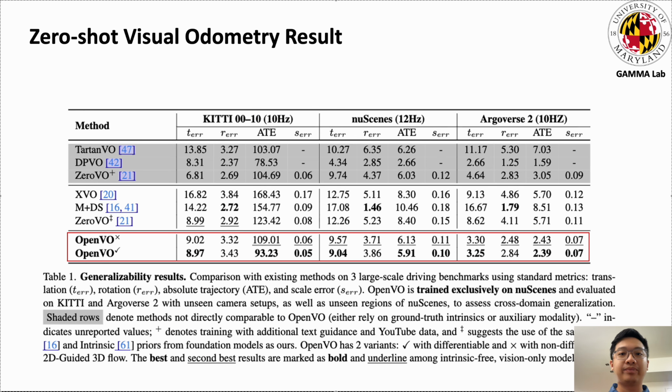We train OpenVO on the Singapore One North subset of nuScenes and evaluate it on unseen regions of nuScenes, as well as KITTI and Argoverse 2 for cross-domain generalization, and obtain state-of-the-art results after 96 GPU hours.